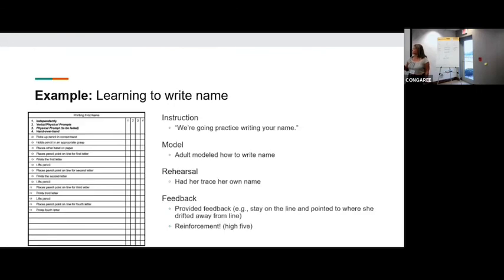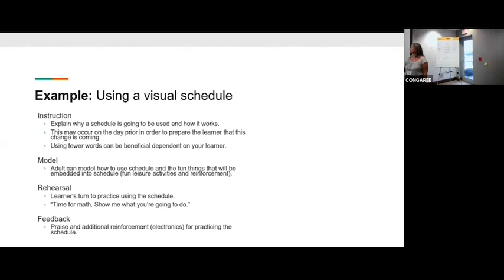A couple more examples. This is just paired together with showing how it's related to that task analysis. So we have someone learning how to write their name, and me as the instructor is going to have that task analysis next to me, going exactly through what needs to be done. Visual schedule.